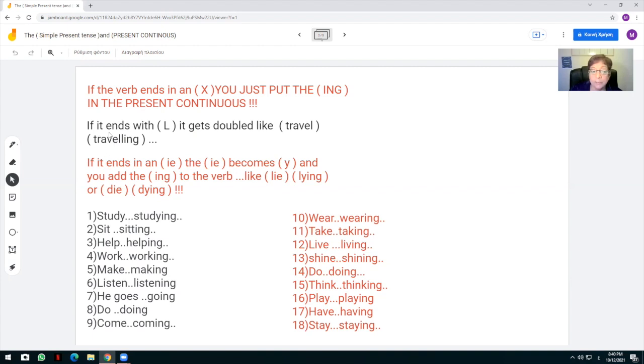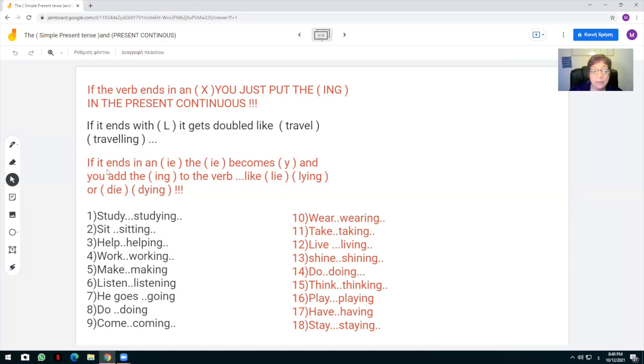Okay? If the verb ends with an L, it gets doubled. The L, حرف L, بتكتبه مرتين في البريزنت continuous, and the verb travel becomes traveling. Okay?